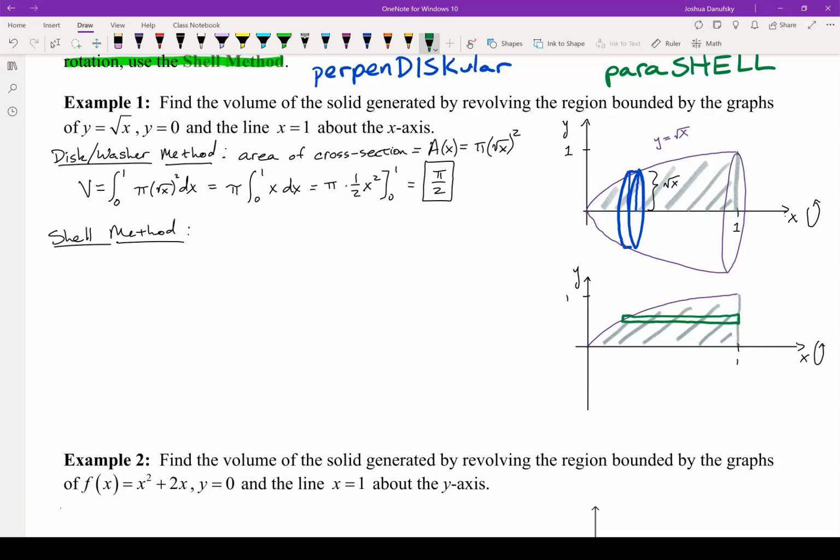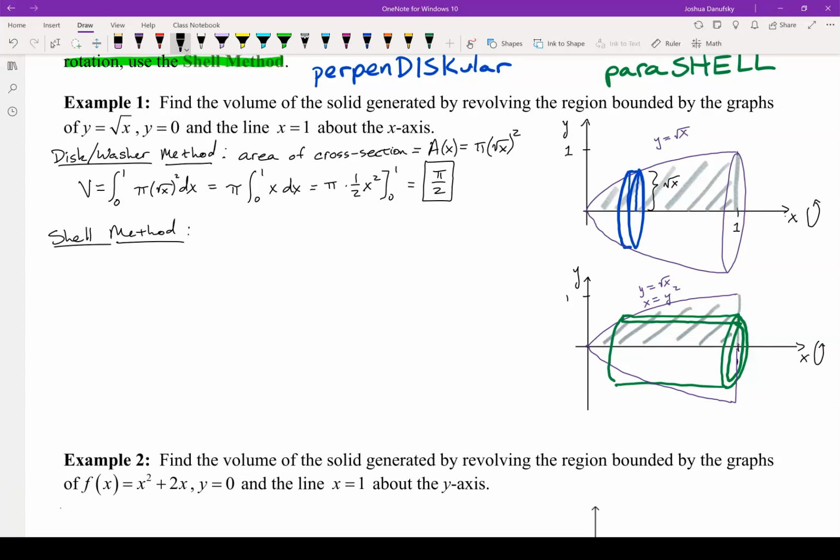And when that rectangle is revolved about the x-axis, we'll get a shell that looks something like this. The curve was given to us as y equals the square root of x. But now we're going to be integrating with respect to y, so we need a function of y, so we can rewrite this as x equals y squared.